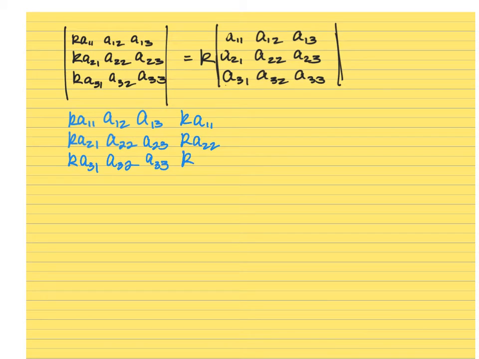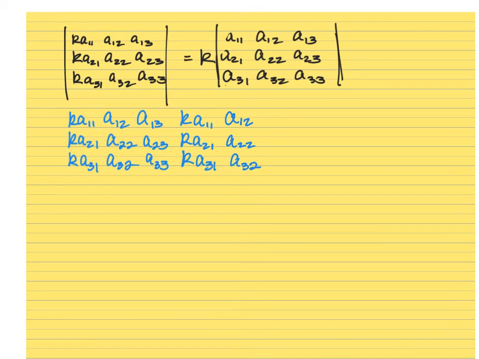Right, this was our shortcut for a 3 by 3 matrix. Sorry, I got the A22 wrong. That's got to be A sub 2,1, A sub 1,2, A sub 2,2, A sub 3,2, right?